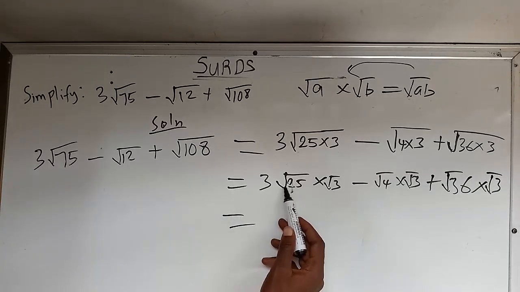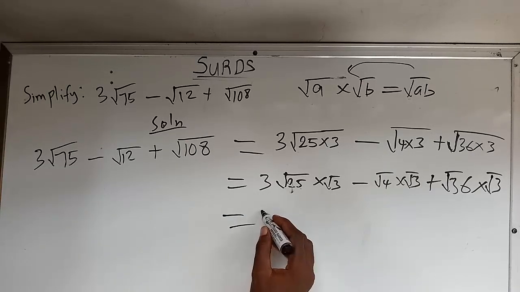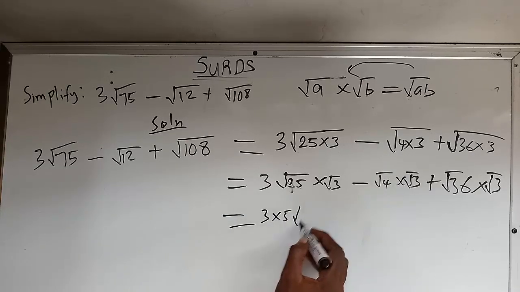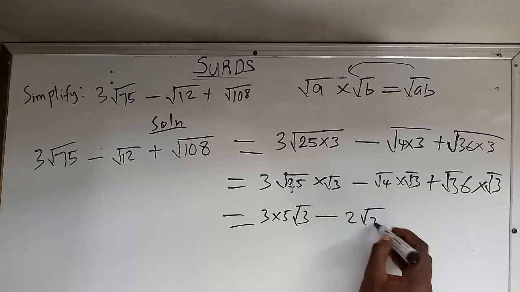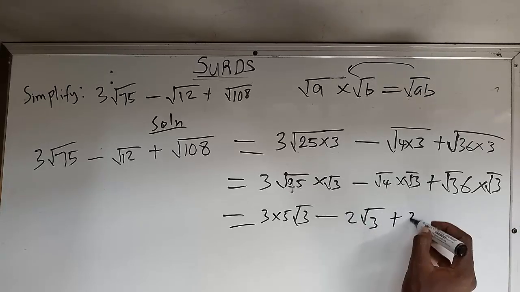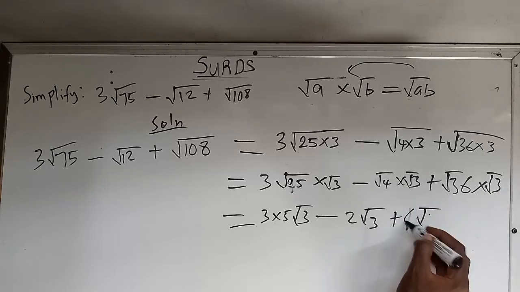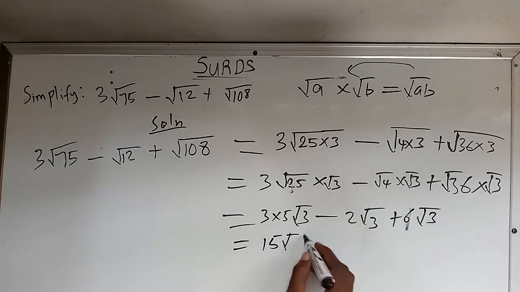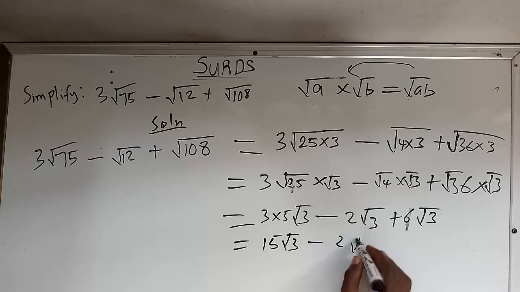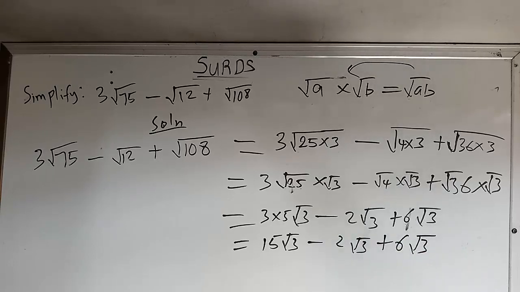Now root 25 will give us 5, so this will give us 3 times 5 root 3 minus 2 root 3, then plus root 36 will give us 6 root 3. So this will give us 15 root 3 minus 2 root 3 plus 6 root 3.